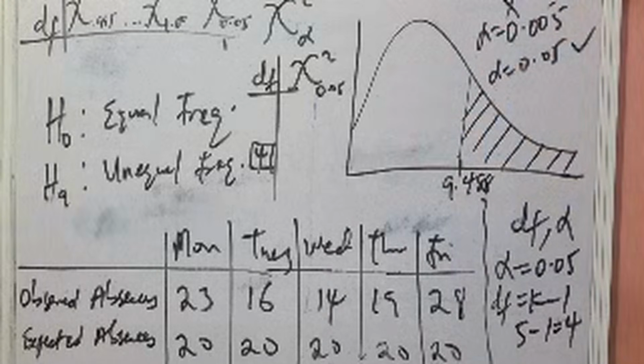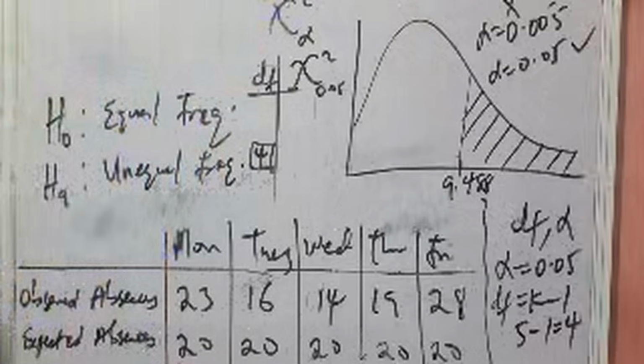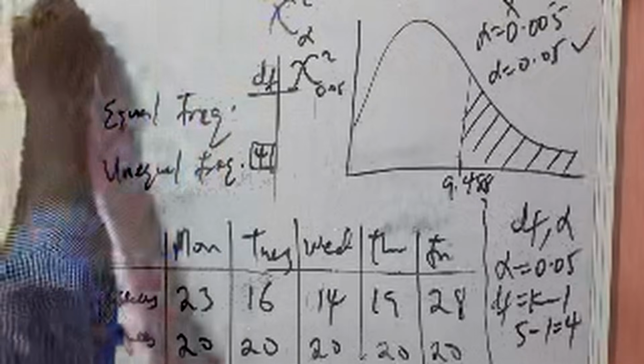So we need to go find our test statistic now. That's the next important thing to do. Our test statistic, as I told you already, our calculated value, is the summation of observed minus expected, squared, over expected.